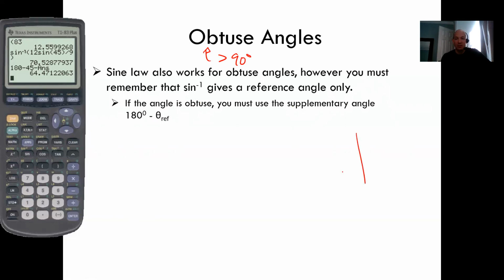So just a quick little explanation here. When you have an angle, like let's say you have a triangle here, and I know we said we're getting away from the terminal arm kind of stuff, but we've got to remember that this is actually kind of the same situation. If we have an angle and we use sine law and we solve for it, what we don't know necessarily is if we're getting this angle or this angle over here.